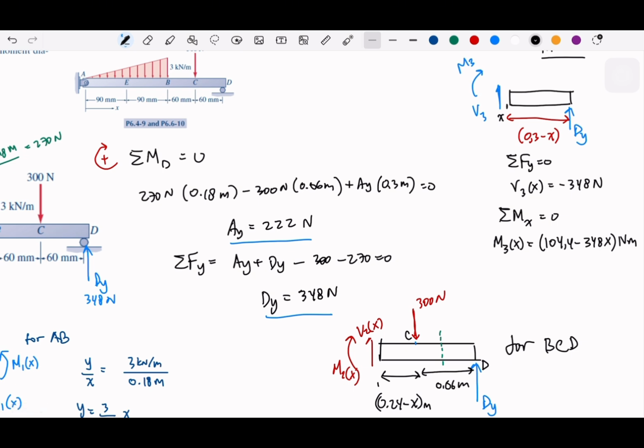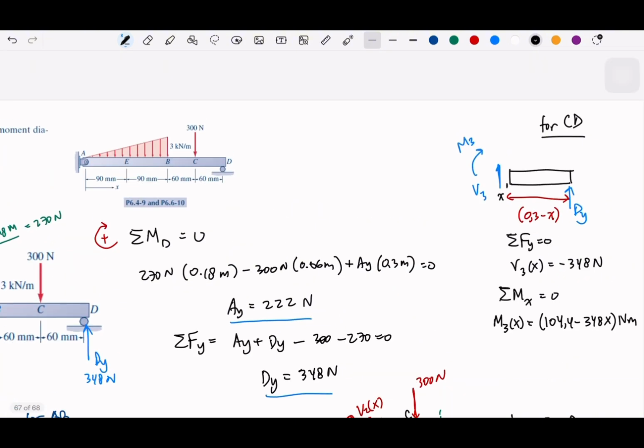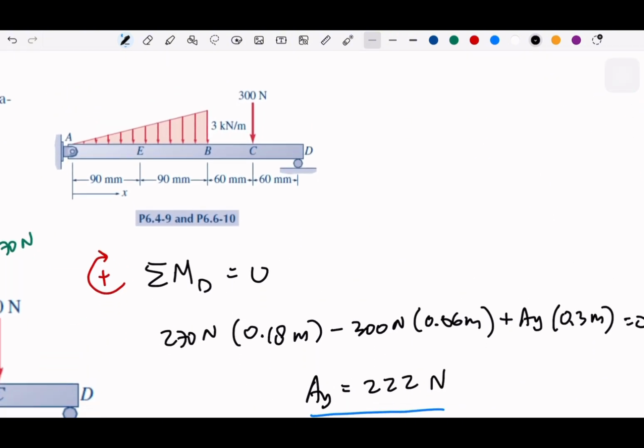So how do we know that we need to cut? When we have the external force and the load. For example, this one, we have one section, cut, second section, cut this one, and this one, cut.